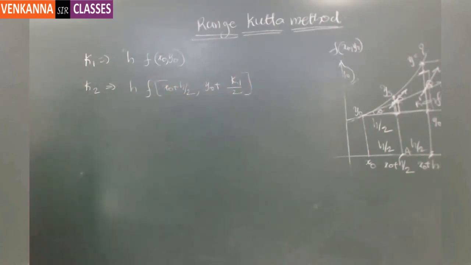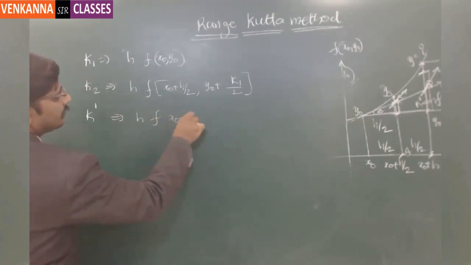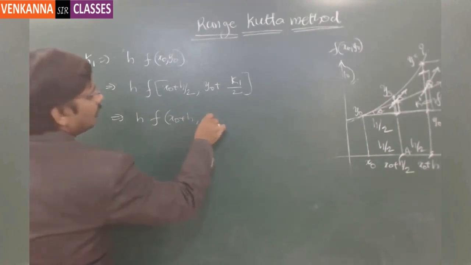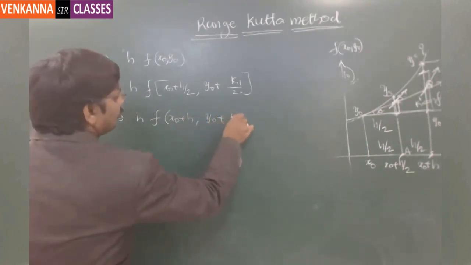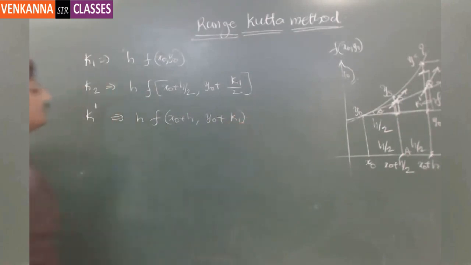So this is k2. And then rather than calculating k3, we do consider k dash. So this k dash is h times of f of x naught plus h and y naught plus k1.